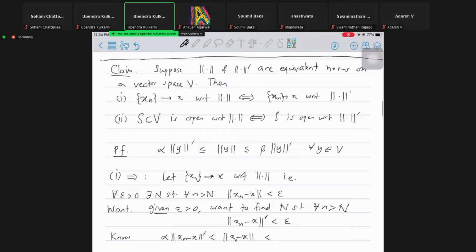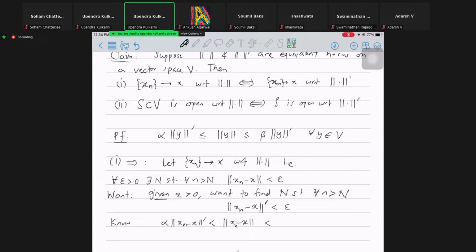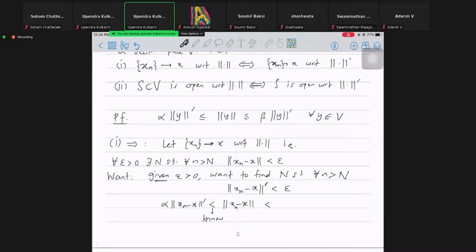And what is it that I want? So this is what I know. And I want this left-hand side to be less than, see what is given to me, this is what I want.